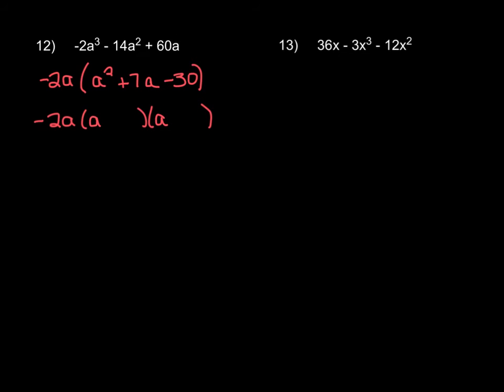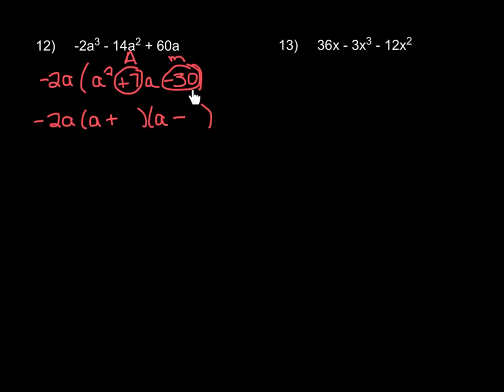And then we want to come up with 2 numbers that add to 7 and that multiply to negative 30. Now again, if you want to make a list off to the side, you totally can. At this point, I'm just going to kind of jump right into it. But first of all, if it multiplies to a negative, we know we have to have a positive and a negative. Right? A positive times a negative gives us a negative.